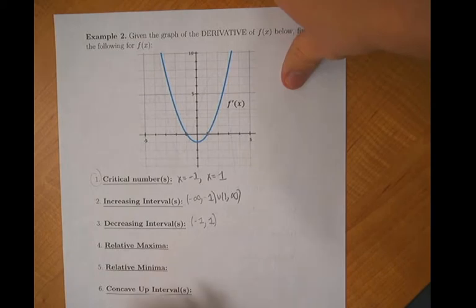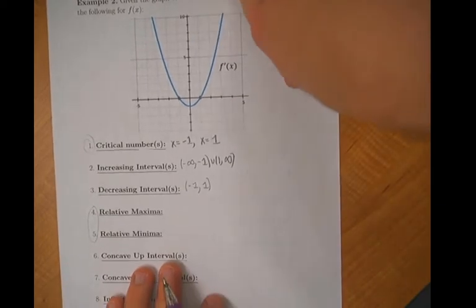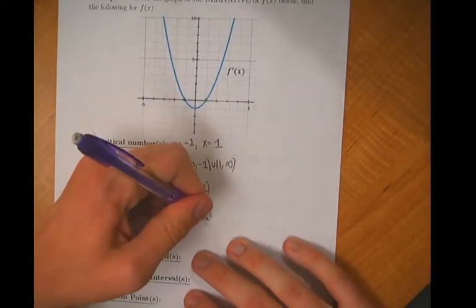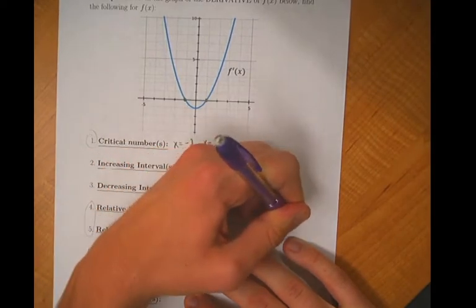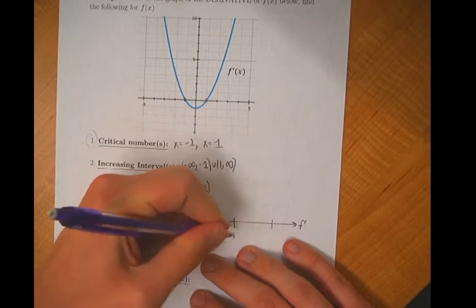Now for the relative extrema, let's use our number line to help us see a bit more clearly what's going on. We have two critical points, negative and positive 1.